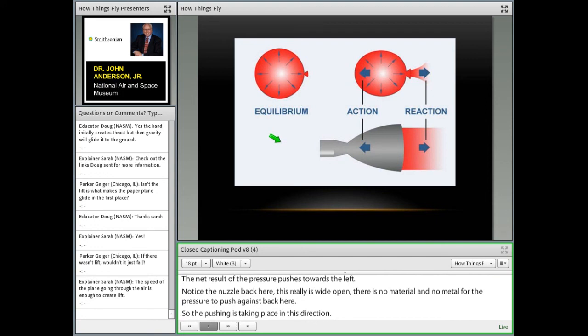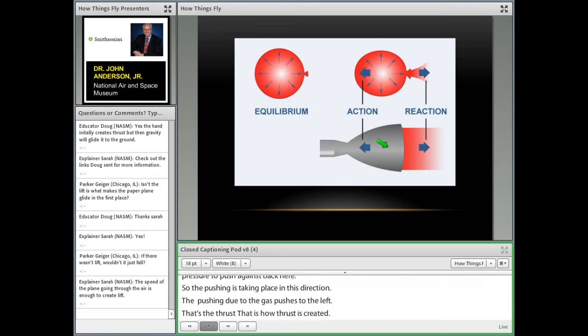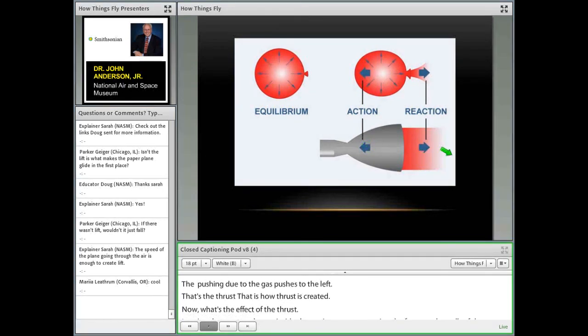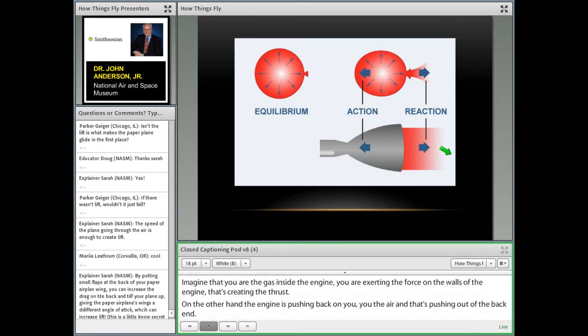Now, what is the effect of the thrust? Imagine that you're the gas inside the engine. You are exerting a force on the walls of the engine. That's creating the thrust. Now, on the other hand, the engine is pushing back on you, the air, and that's pushing you out the back end. That's the reaction. And that is the result of thrust being created, not the cause of the thrust.